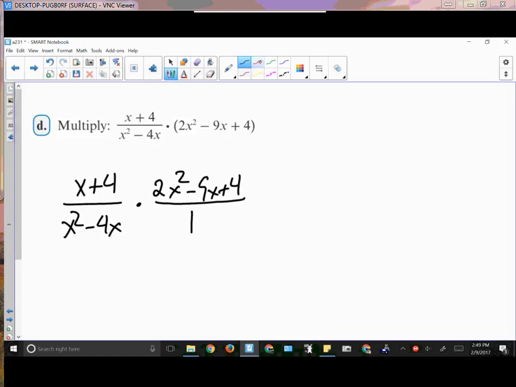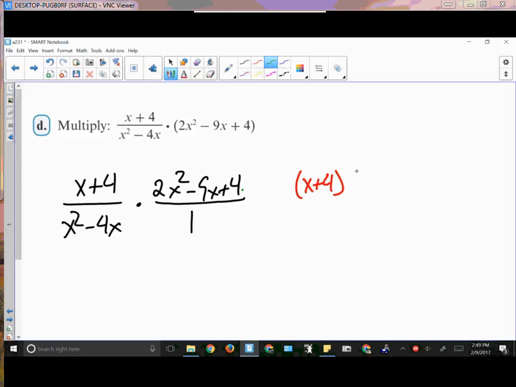So, here we go. I look at the first part there. Is there anything that I can cancel? The answer is no. Parentheses, x plus 4. I look here. Does this look like it's going to be factorable? Probably. I'm looking at 2's and 4's, and I got to get to a 9. So there should be something in there that should work.